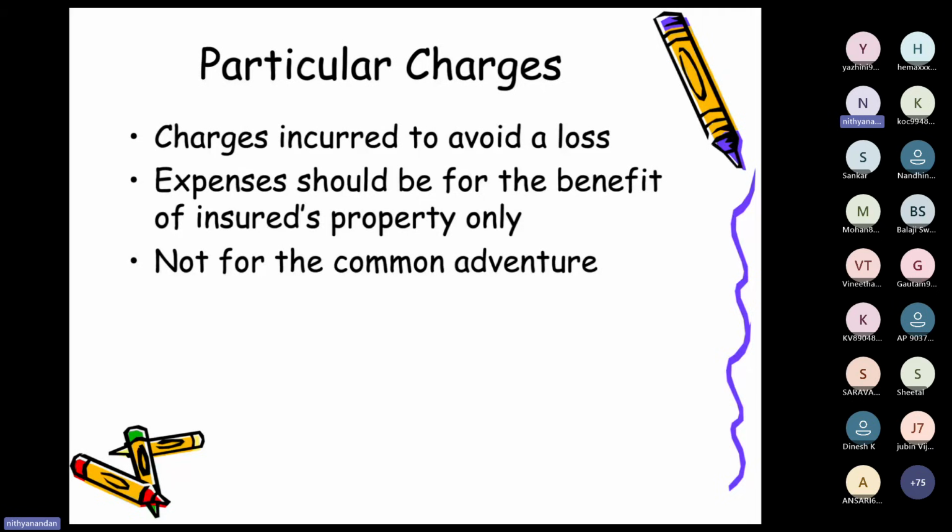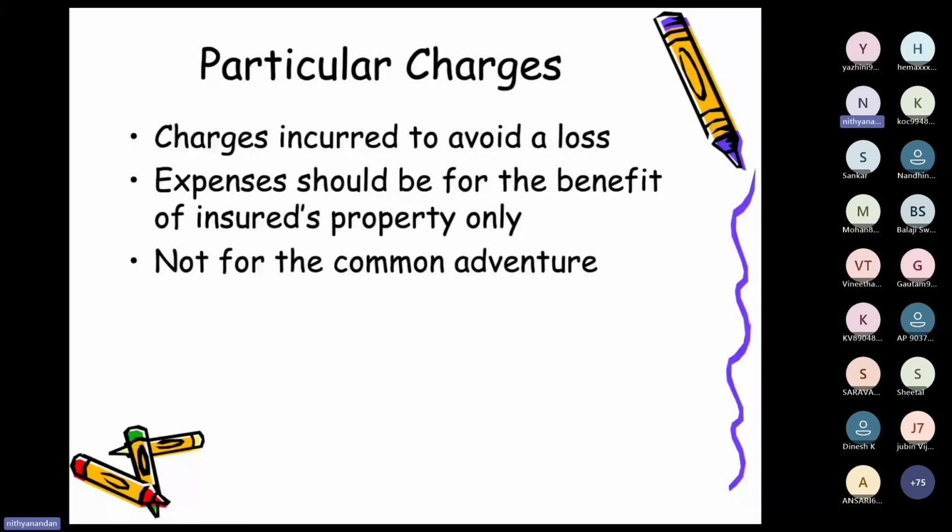At that time, if you are spending, you are making particular charges, right? Again, the same thing: insured property only, not for common adventure, not for the total ship. So sue and labor charges and particular charges are almost equal, except that sue and labor charges are incurred to minimize a loss, and particular charges are incurred to avoid a loss, right?